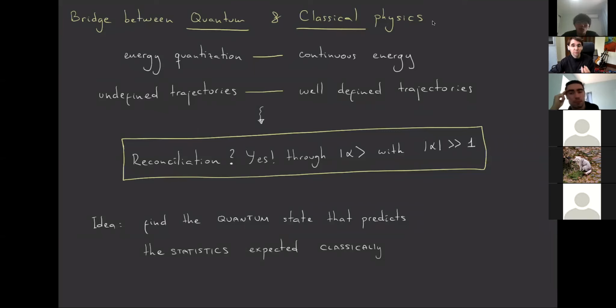Because quantum mechanics is all about predicting the statistics of experiments, of observing observables and seeing what value we get in the probability distributions that appear and so on. So what I was trying to convince you of is that coherent states are precisely the quantum states that predict the statistics expected classically in experiments.